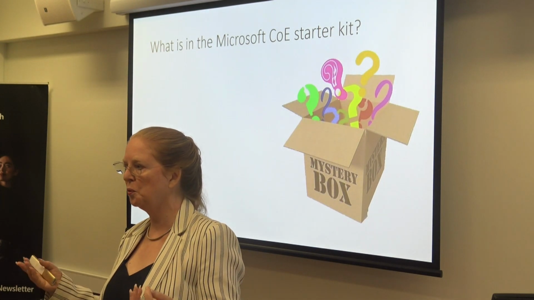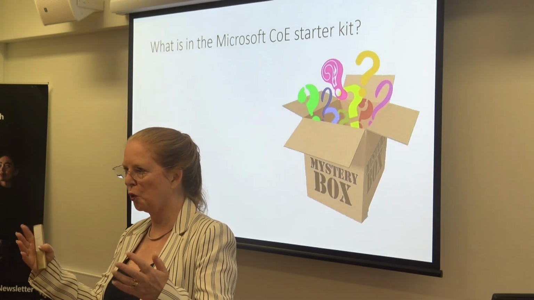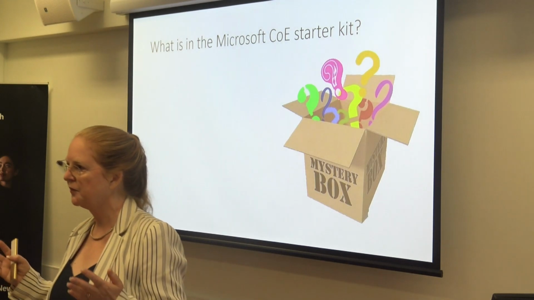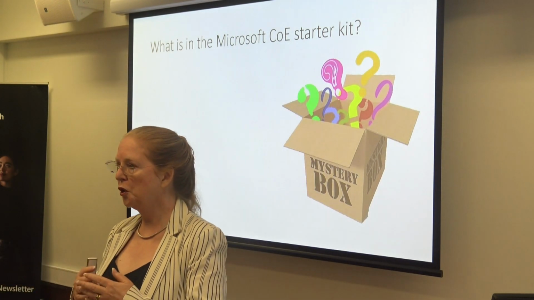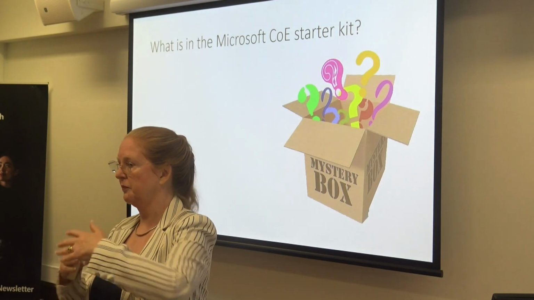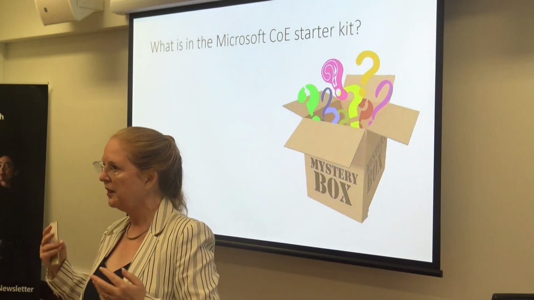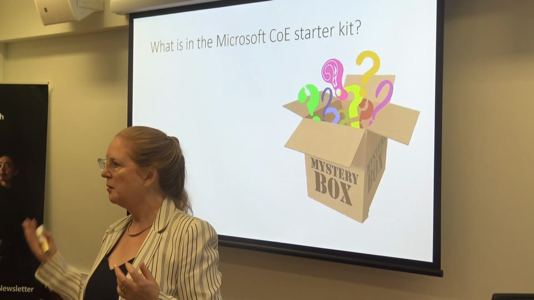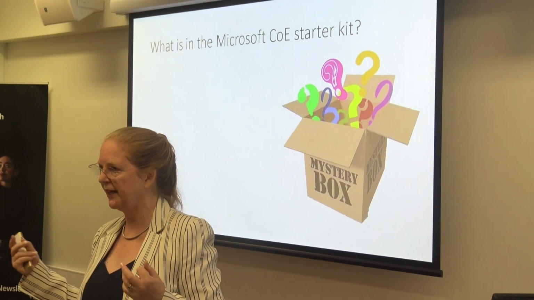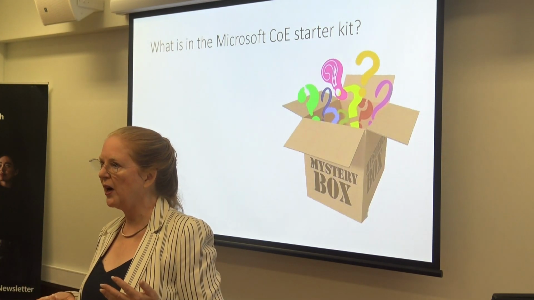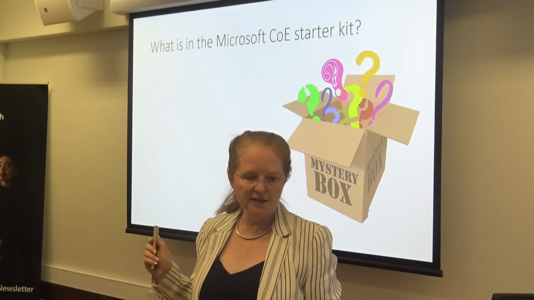So we get tools to monitor sprawl, tools to monitor usage, tools to know which flows are running, which flows maybe are trying to run but aren't running successfully, and a whole range of other stuff.